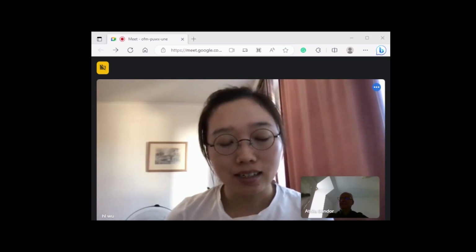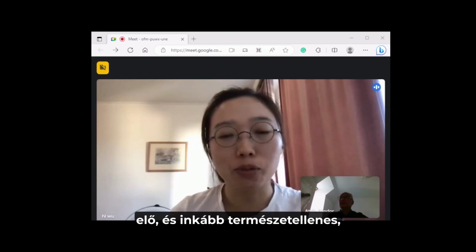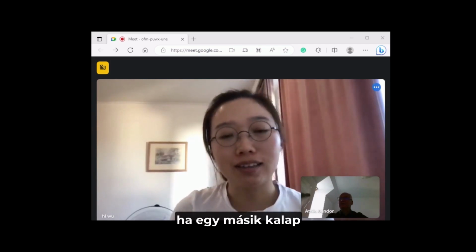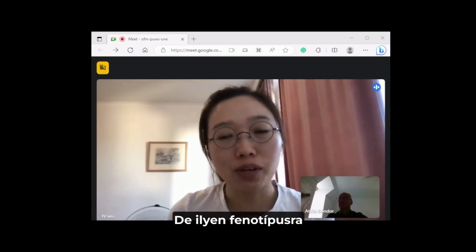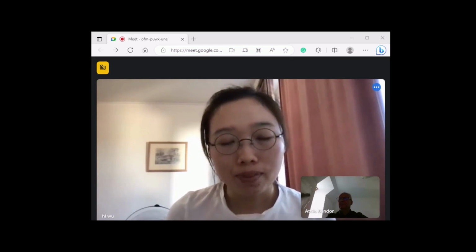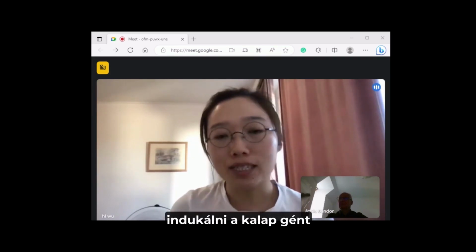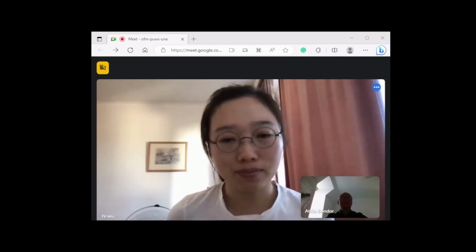Actually, this doesn't happen very often, and it's more like a natural context if another cap grows from the mushroom. But we are expecting this kind of phenotype when we try to induce the cap gene from the stipe. We are expecting the cap can grow from the stipe. Oh, I see.